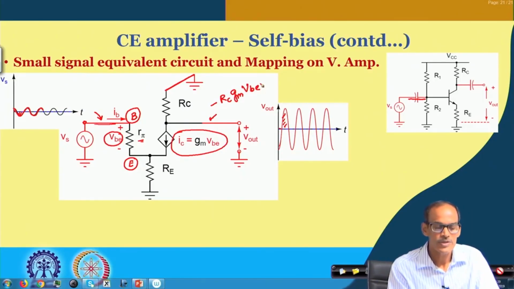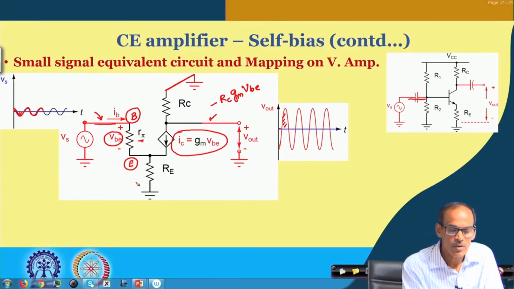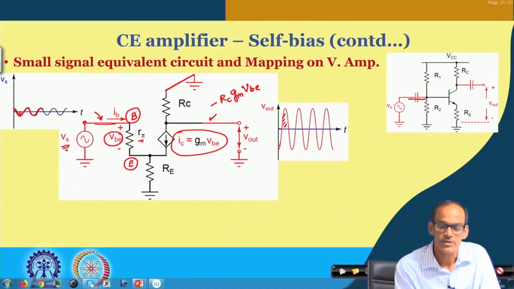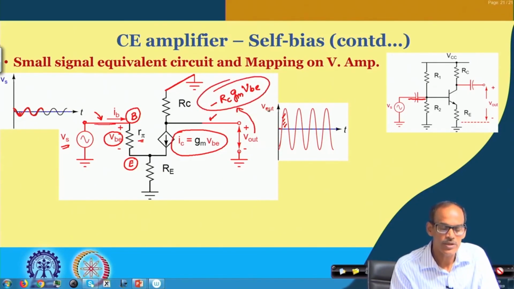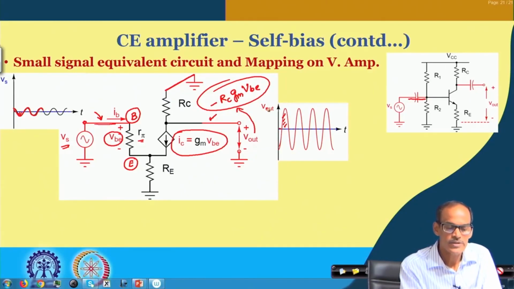Now, if you see here, this VBE, of course, is not the same as Vs. So, this is not Vs. Since VBE is not the same as Vs, it is rather only a part of it, we need to do the detailed analysis of this circuit.